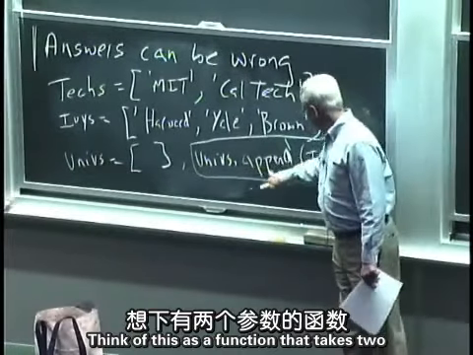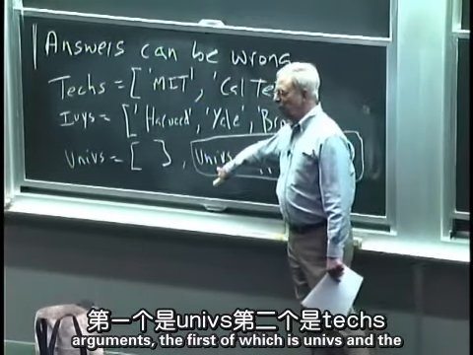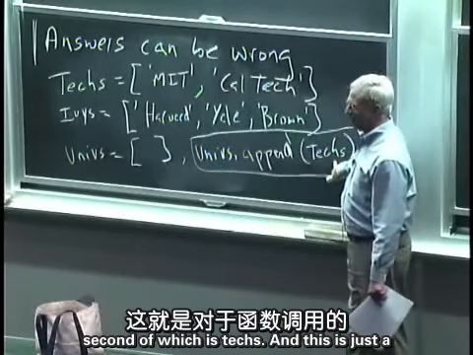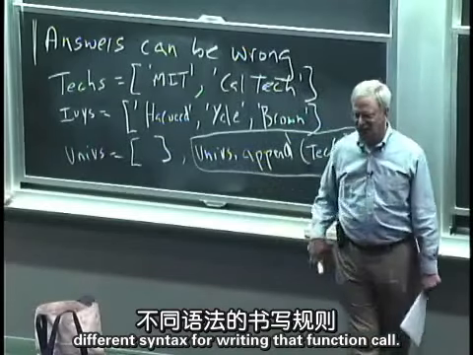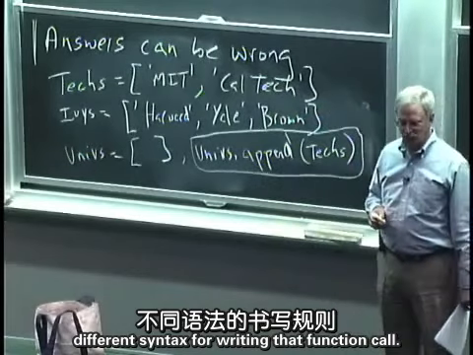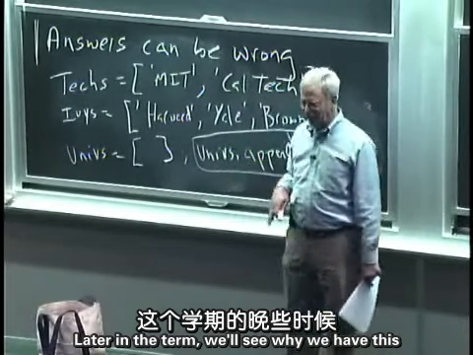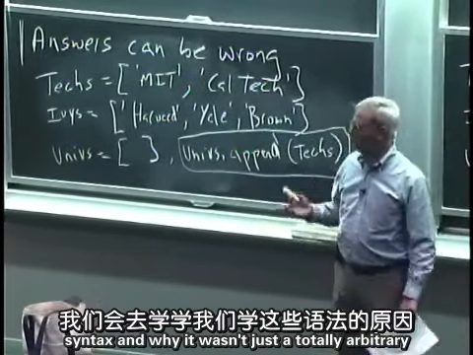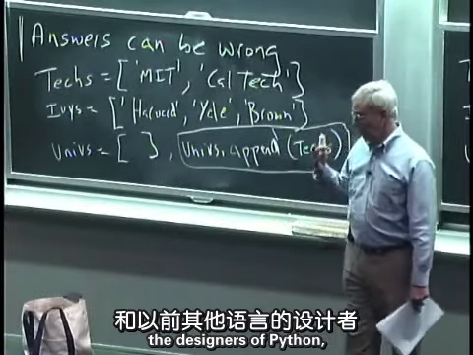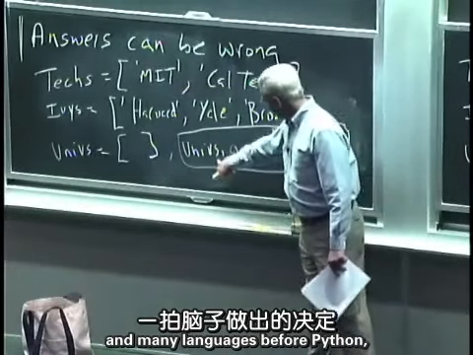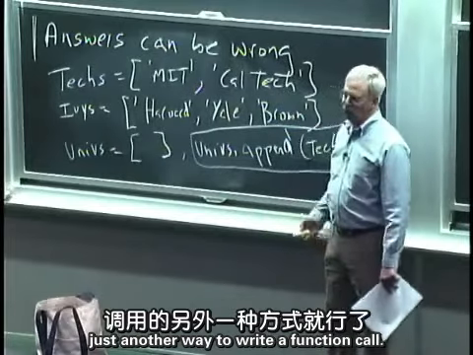Think of this as a function that takes two arguments, the first of which is unevs, and the second of which is text. And this is just a different syntax for writing that function call. Later in the term, we'll see why we have this syntax and why it wasn't just a totally arbitrary, brain-dead decision by the designers of Python and many languages before Python, but in fact is a pretty sensible thing. But for now, think of this as just another way to write a function call.